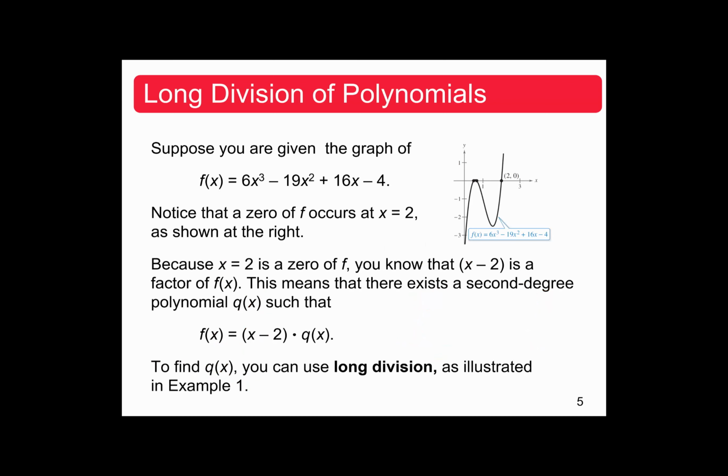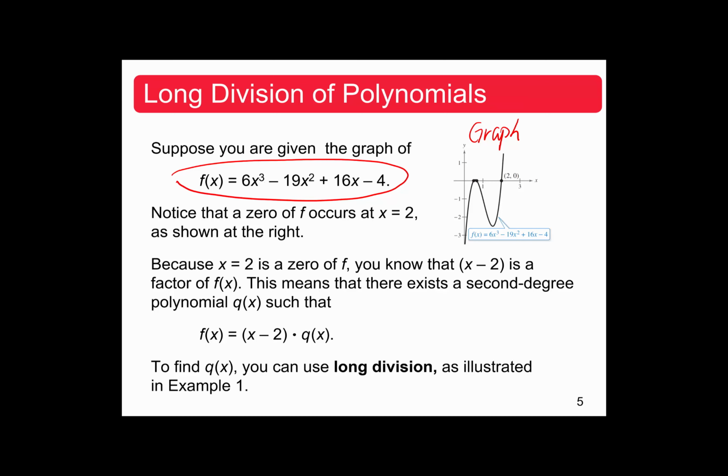But now let's take a look at how we divide a polynomial by another polynomial using long division. For example, let's say f of x equals 6x cubed minus 19x squared plus 16x minus 4. If you look at the graph of the function, the graph has 3 intercepts right here, meaning we have 3 zeros.